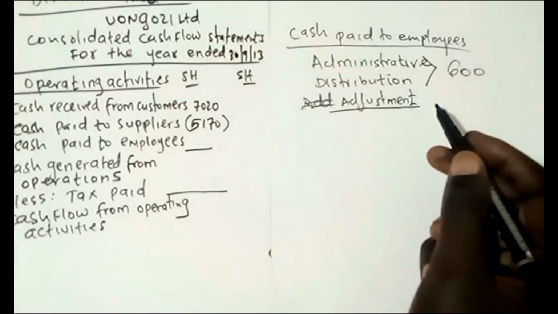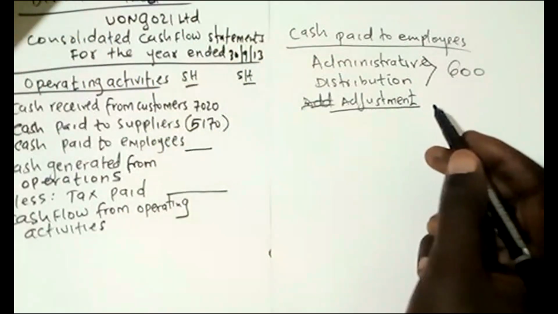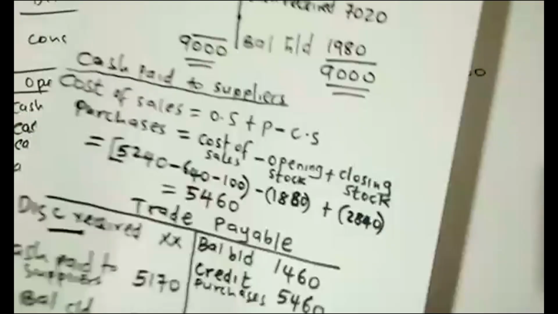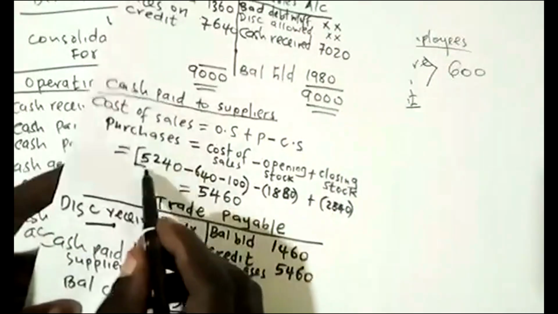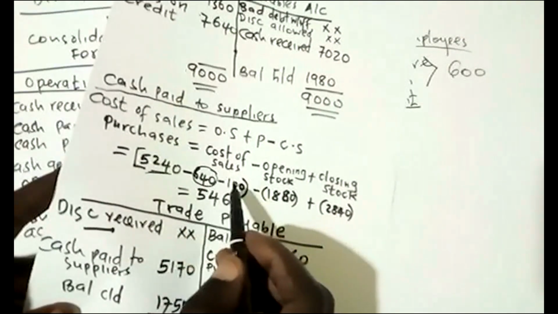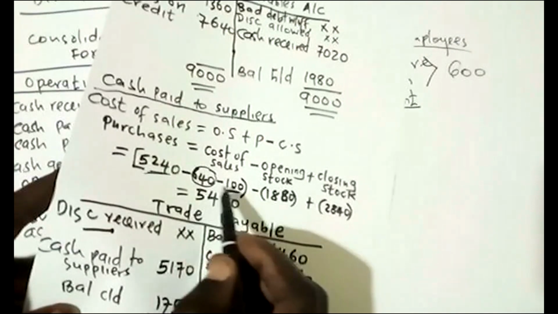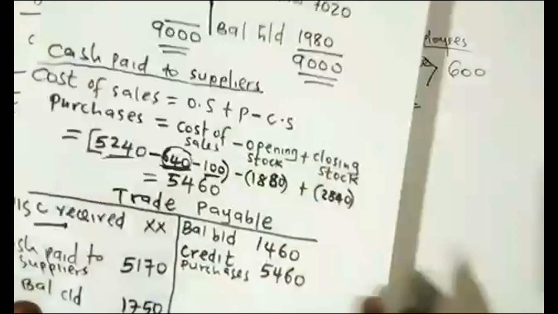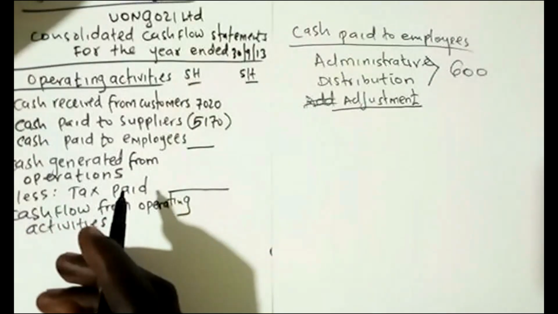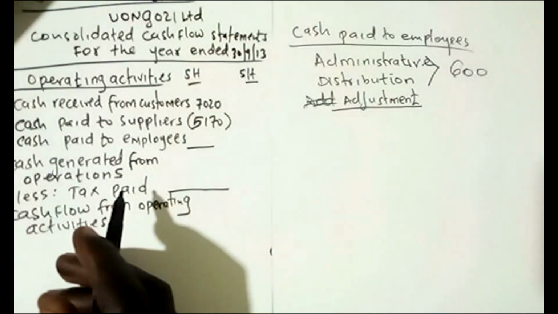Remember, when I was doing my credit purchase, under the cost of sales I deducted loss on disposal and the depreciation. Which adjustment is remaining to be adjusted there?